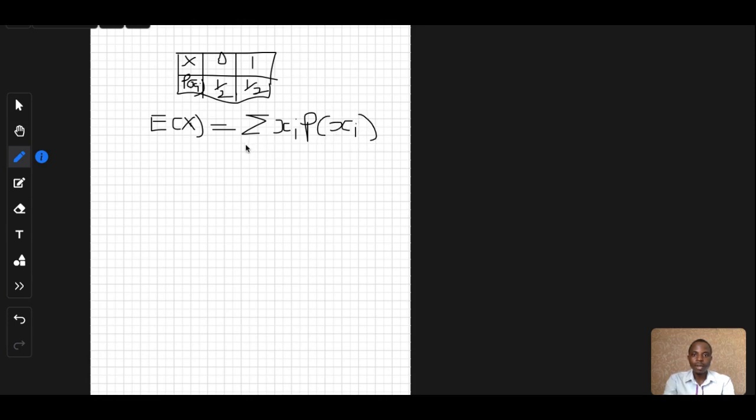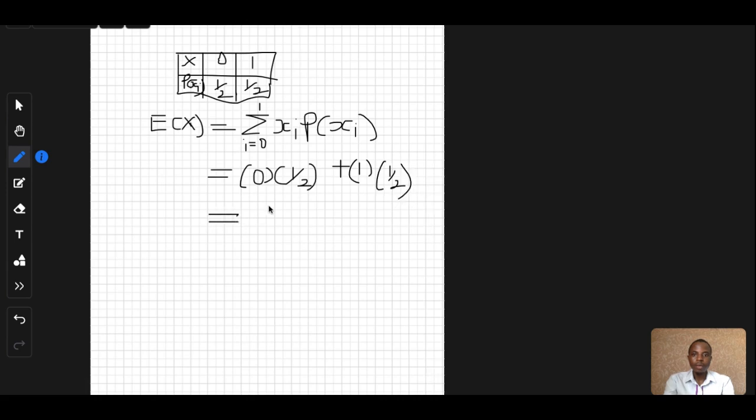Okay, and then i takes value from 0 to 1. And so that will be 0 multiplied by 1 over 2 plus 1 multiplied by 1 over 2 as well. And in this case, our mean will be 1 over 2. So that will be 0 plus 1 over 2, which will also be 1 over 2. All right. This is a simple case.